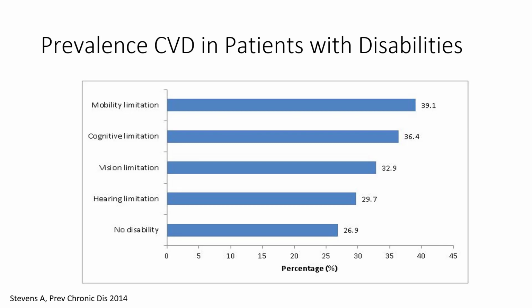So I like this graph here by Stevens, published in 2014, which illustrates one of the points we alluded to earlier. If we look at the prevalence of hypertension or cardiovascular disease in this study, you find, of course, similar rates to what we've seen across the literature: for individuals with no disabilities, so the general population, prevalence is anywhere between 25 to 30%.